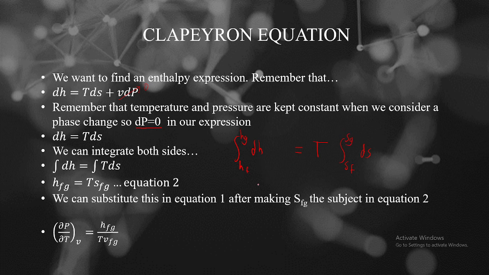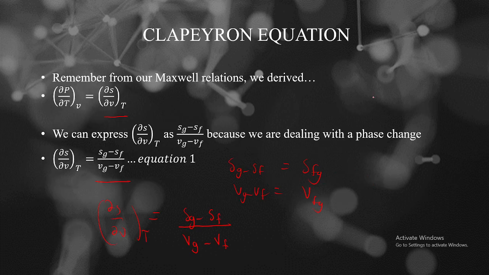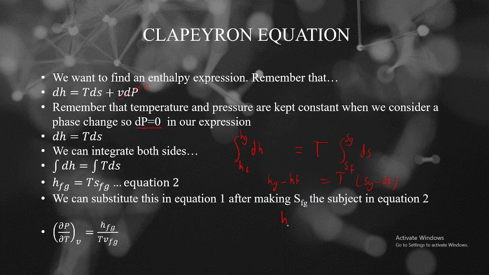So if I do this, I'll end up getting Hg minus Hf being equal to T(Sg minus Sf). And when I do that, I'm going to get Hfg being equal to T Sfg. That's what I have for equation 2, right? Now we can replace Sfg in equation 2 with the Sfg expression from equation 1. Or yes, we can substitute this in equation 1.